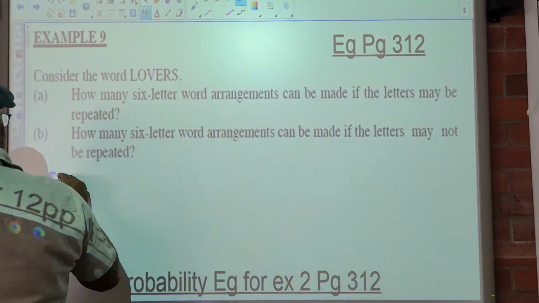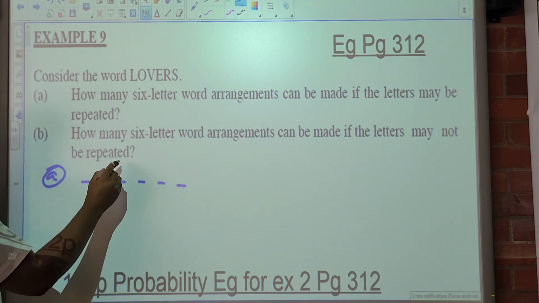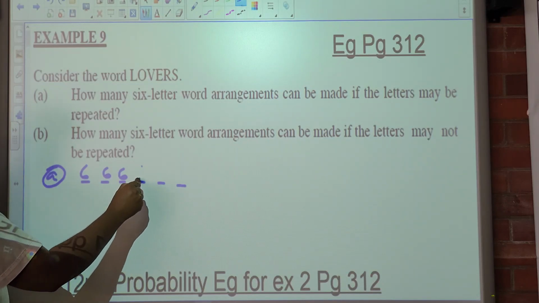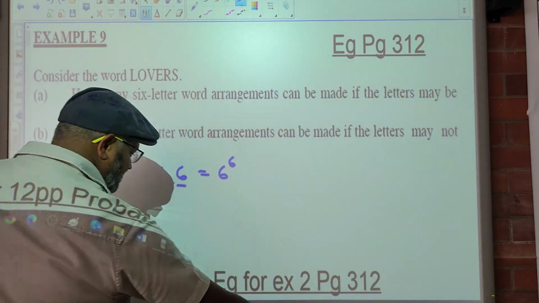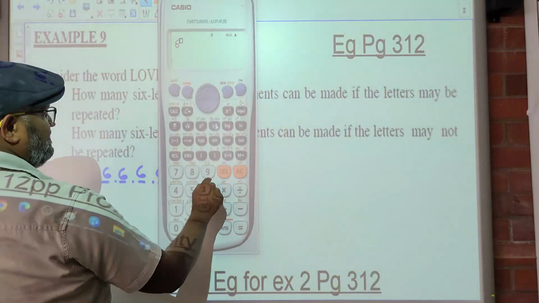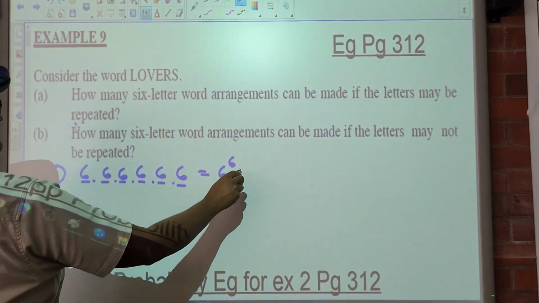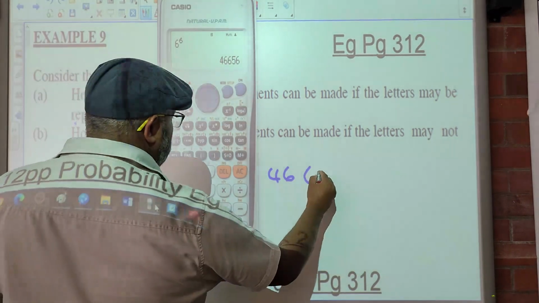So if you're looking at A, that would be 1, 2, 3, 4, 5, 6. So how many options do I have here? 6. Then? 6. Then? 6. So it's 6 to the 6, not so. Remember, this is times between. So it's 6 to the exponent 6, which is 46,656.